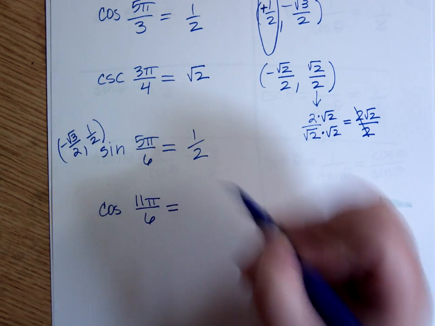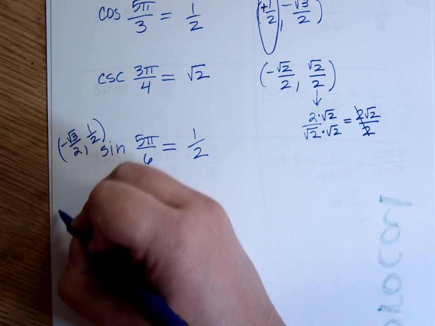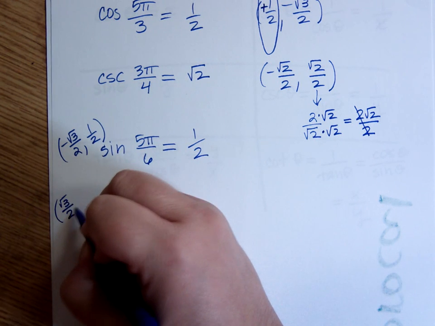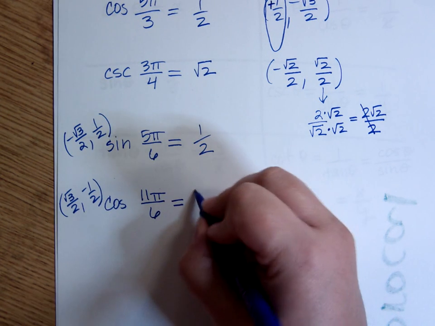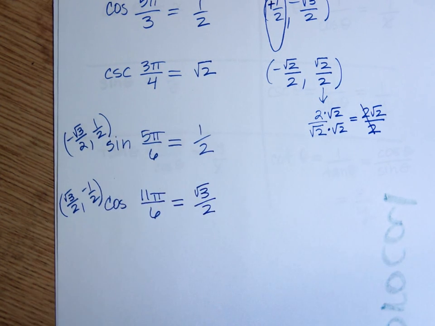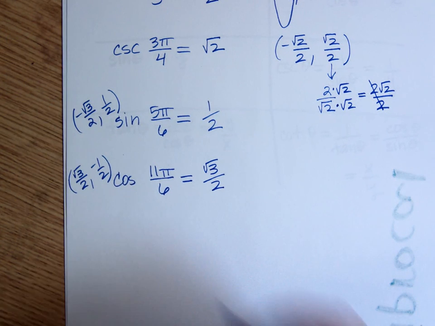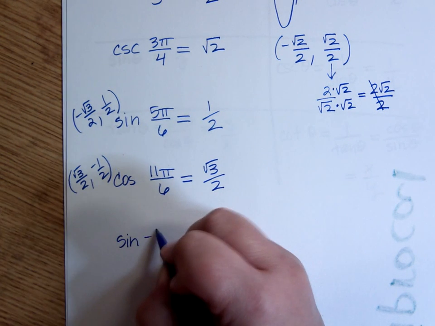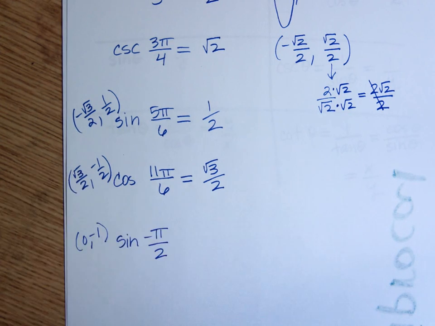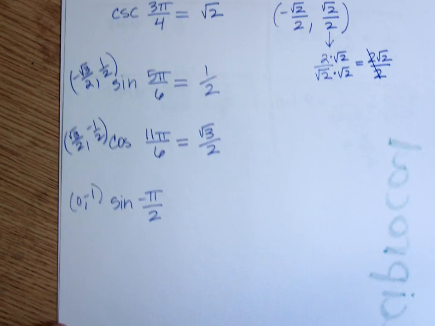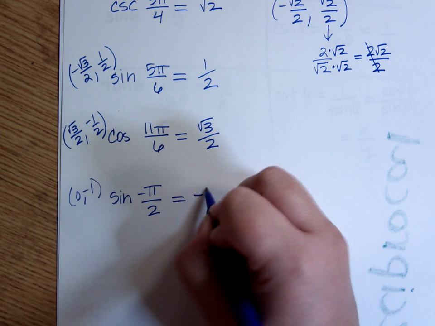We found the coordinates already for this one: square root of 3 over 2, negative 1/2. Cosine is the first coordinate, so it's square root of 3 over 2. Next, sine of negative pi over 2. The coordinates we found for that angle were 0, negative 1. The sine is the second coordinate, so there it is.